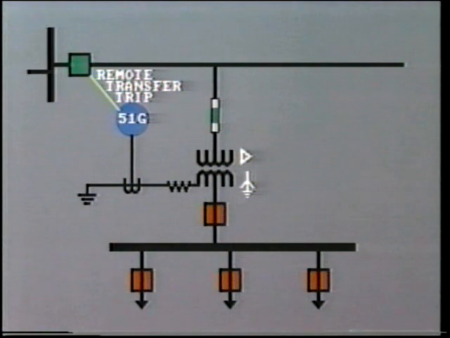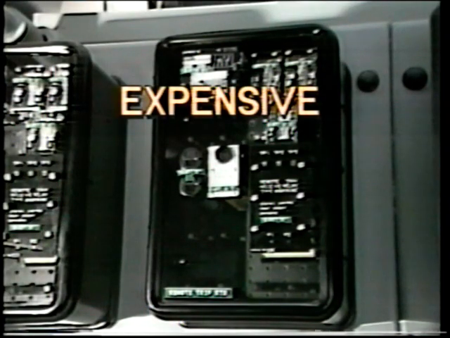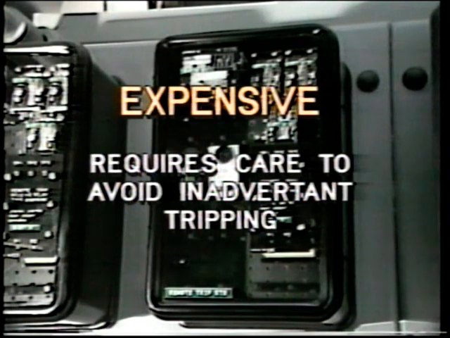This is known as a remote transfer trip signal, transmitted over power line carrier or on a telephone circuit or microwave circuit. This method is quite expensive, and special care needs to be taken with the installation so as to avoid interference from outside signals which may cause inadvertent tripping.